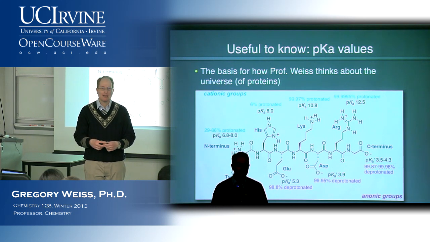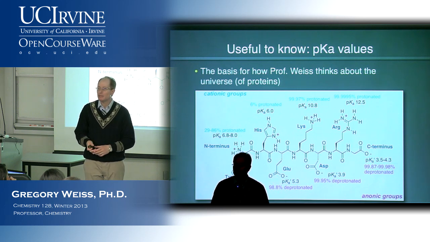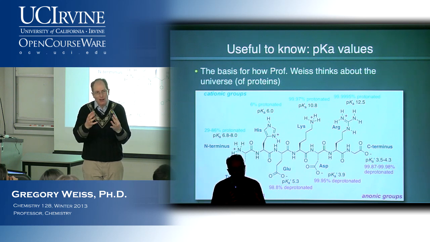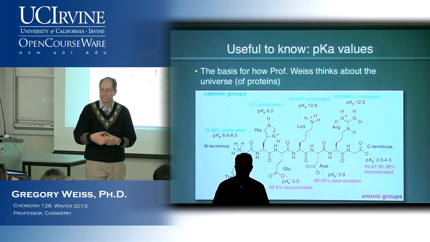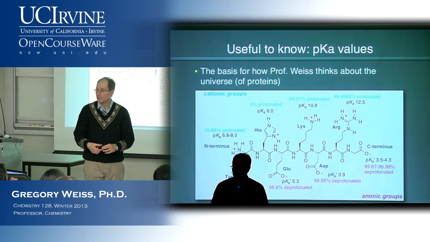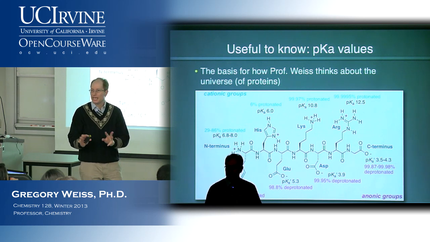You can have, for example, a carboxylic acid side chain that's positioned in a way that makes it much more acidic than the pKa that's written behind me might suggest. Okay, so proteins will tailor the environment that these functional groups are going to be found in, and in doing so, drastically alter at times the pKa's of the functionalities. So I want you to have just the range of the pKa's in mind.